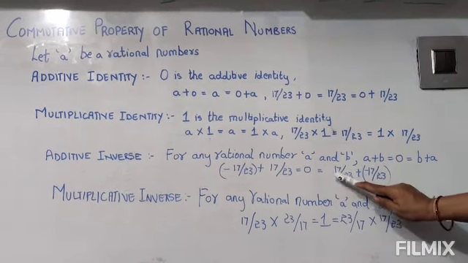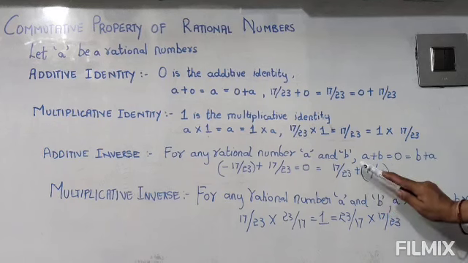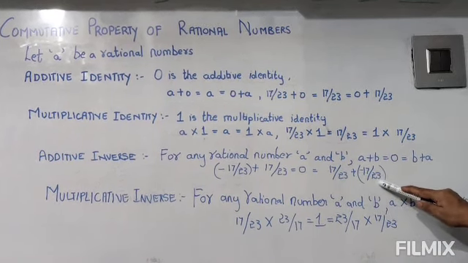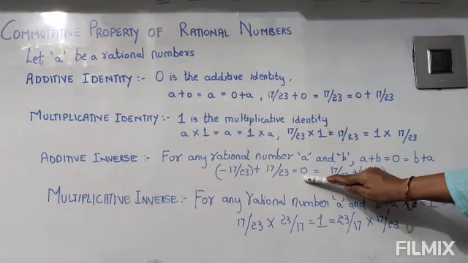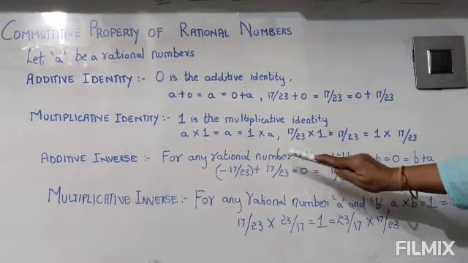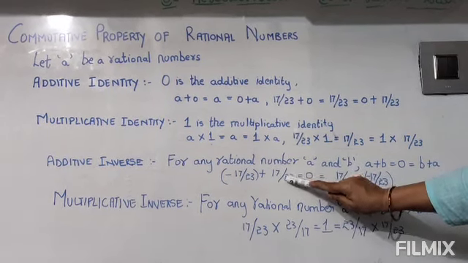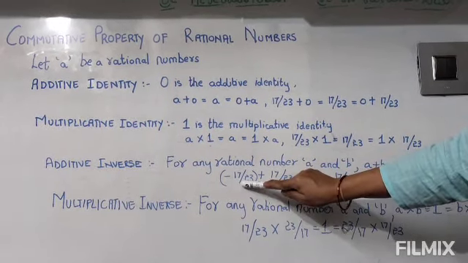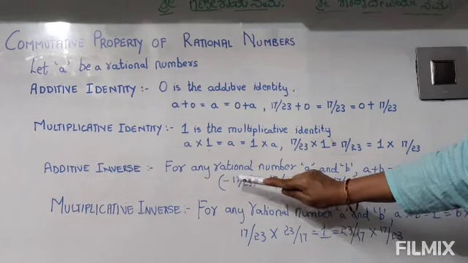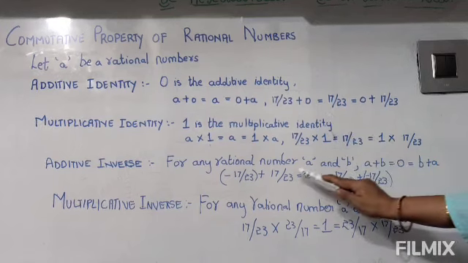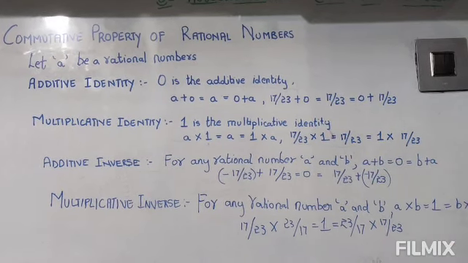Similarly, plus 17 by 23 plus minus 17 by 23, you will get the answer as 0 itself. Therefore, plus 17 by 23 is the additive inverse of minus 17 by 23, and minus 17 by 23 is the additive inverse of plus 17 by 23.